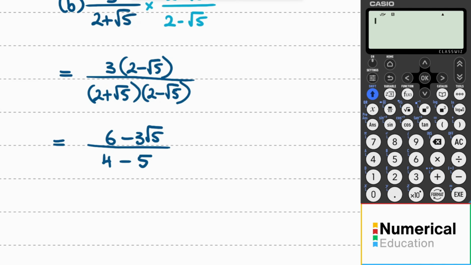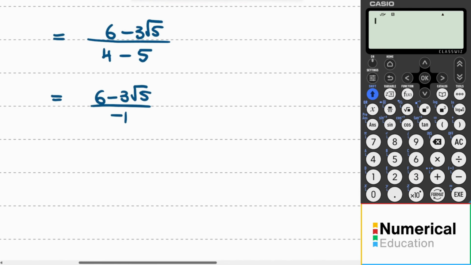Notice there's no more surds. That's the whole point of multiplying by the conjugate. Now 4 minus 5 is negative 1. So I can think of this as 6 minus 3 root 5 all over negative 1. Leaving my answer like that just looks a little bit awkward, when you have a negative 1 on the bottom of the fraction. So one thing I can do is think of this as the negative of 6 minus 3 root 5.